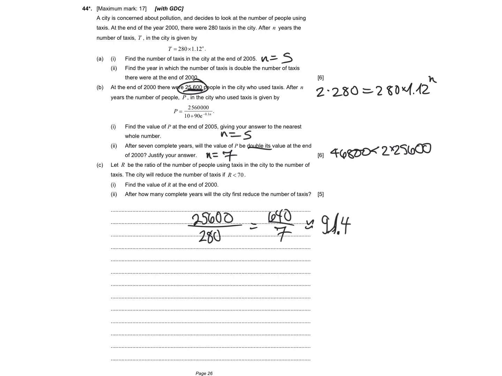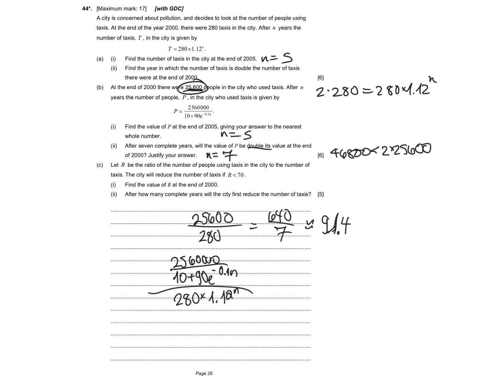All right, after how many complete years will the city first reduce the number of taxis? So we need the function 25,600 over 10 plus 90 e to the negative 0.1 n, and we need that over 280 times 1.12 to the n.